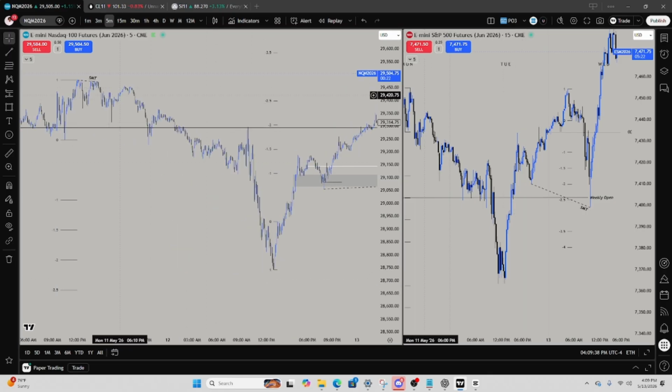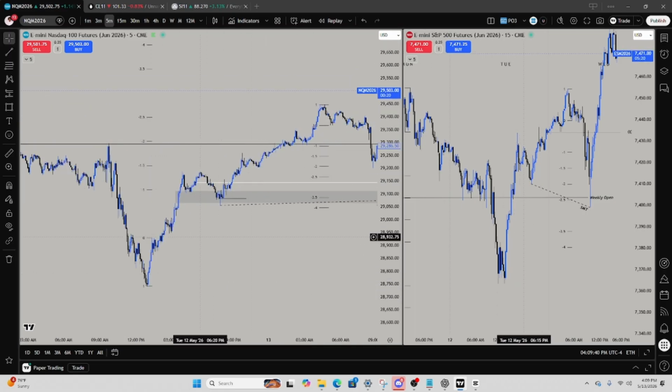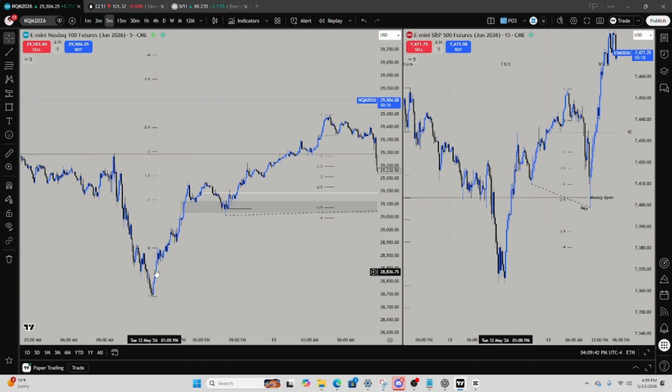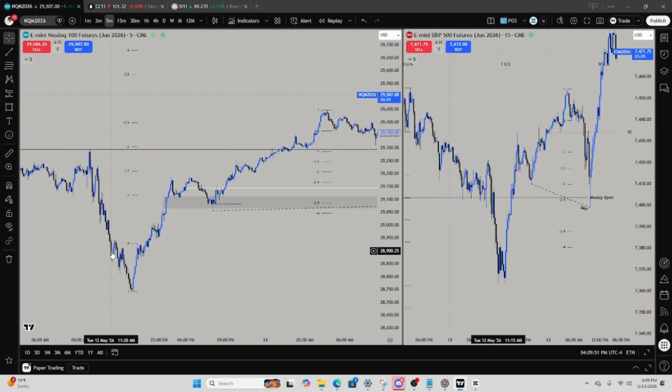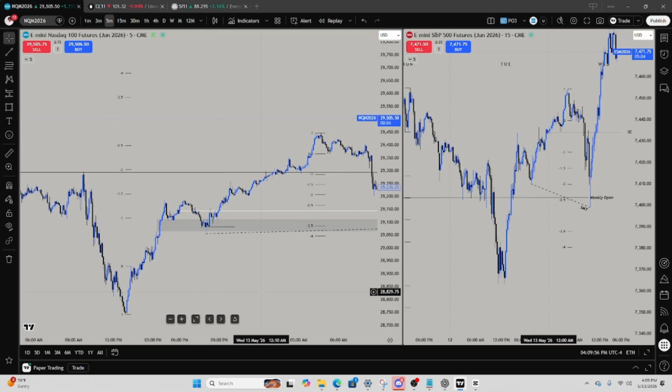We came down, built sell side liquidity, and now we move into buy side liquidity. So this is the first distribution leg. We anchor it from this low to this first high of this distribution leg. It's even clear where you can see accumulation, manipulation of these lows, and then that distribution, clear AMD.